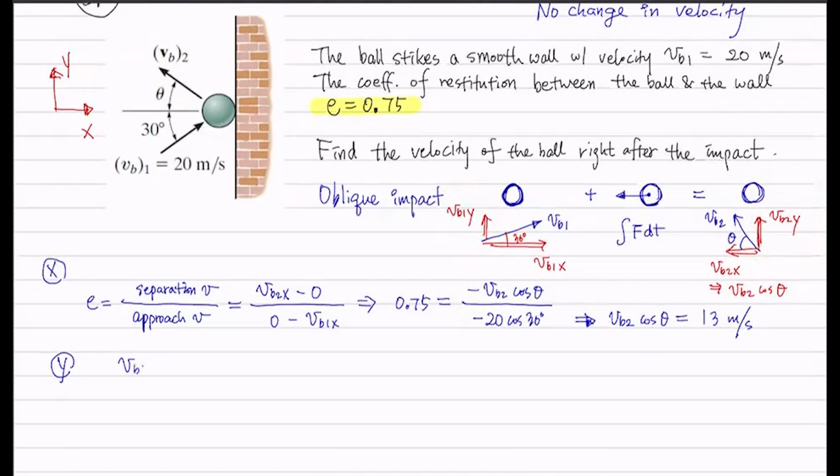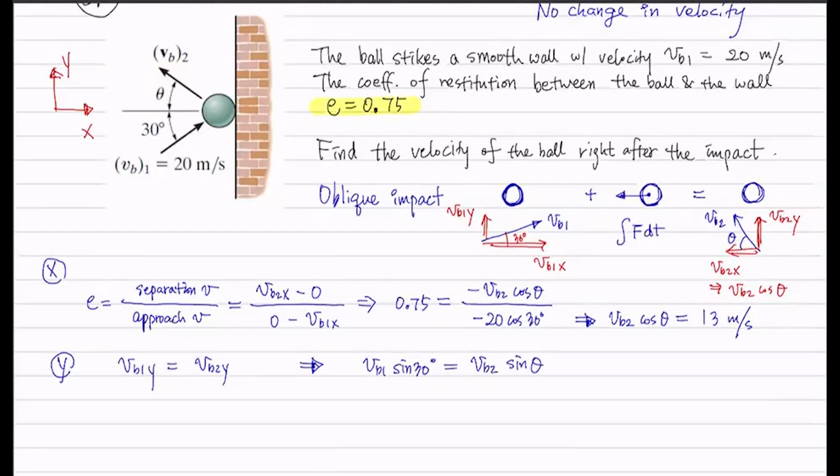So VB1y is going to be same as VB2y. And from here, VB1y, this is VB1 sine 30, right? So VB1 sine 30 equals VB2 sine theta, right?